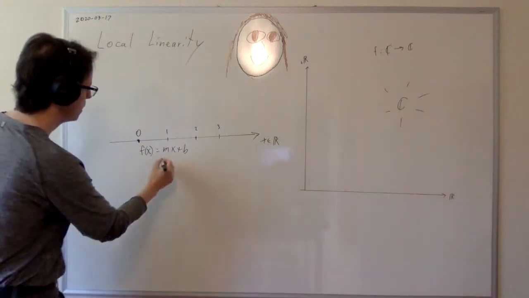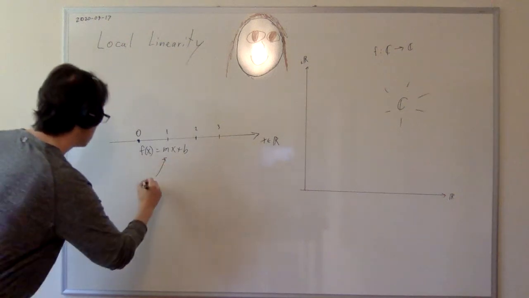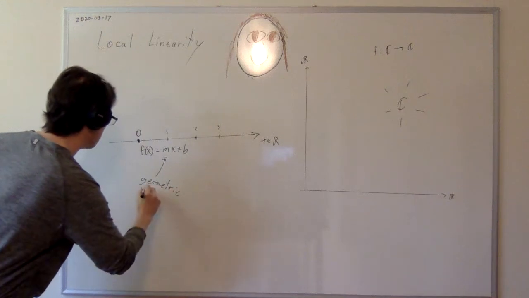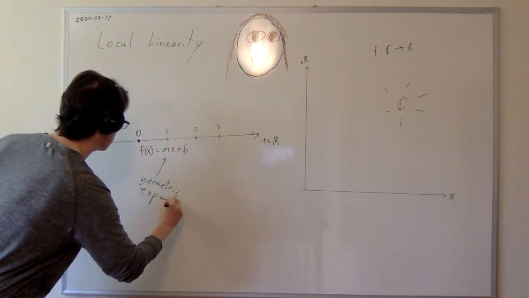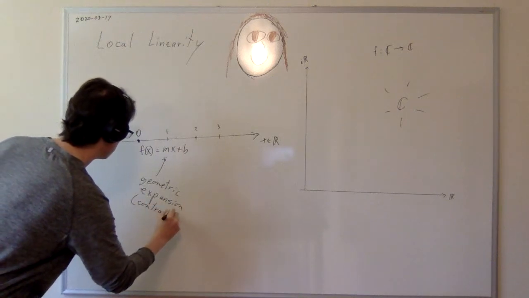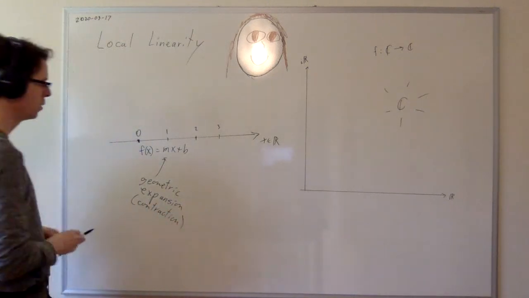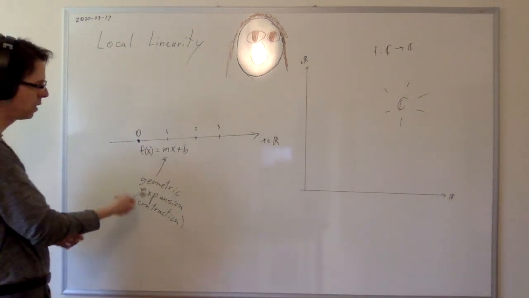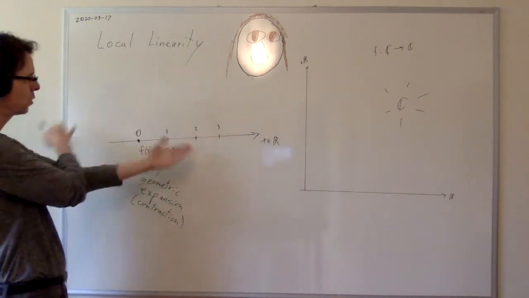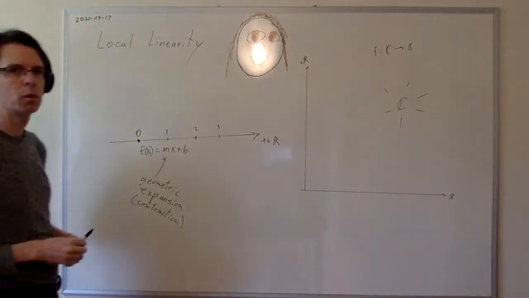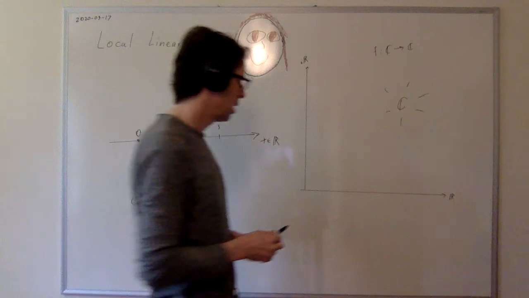So the m here gives us geometric expansion or contraction if it's less than 1. I should clarify here that m can be negative, and if m is negative, a negative expansion is of course going to be a flip over the axis. So 1 will go to -1, and everything will get reversed or mirror imaged.